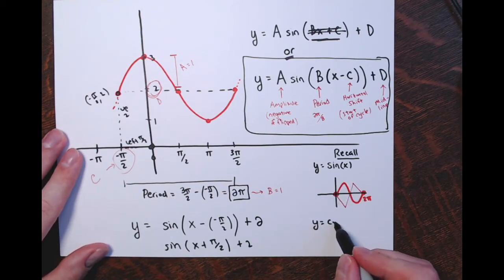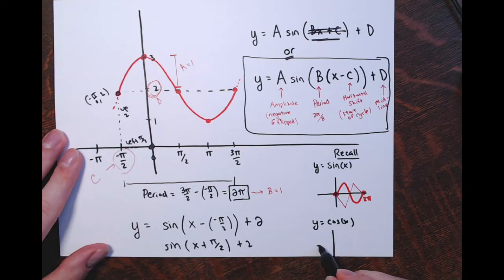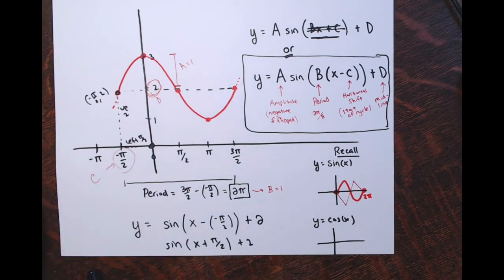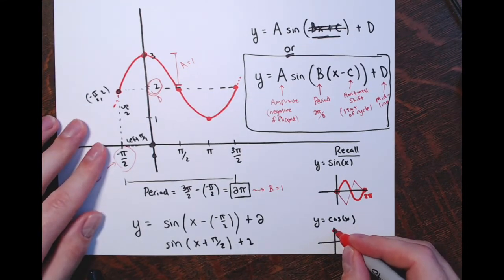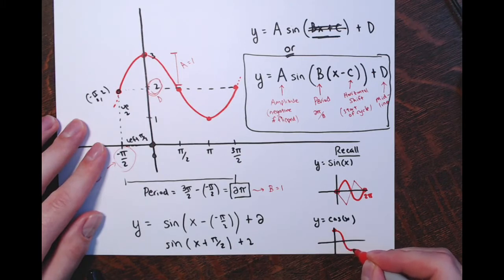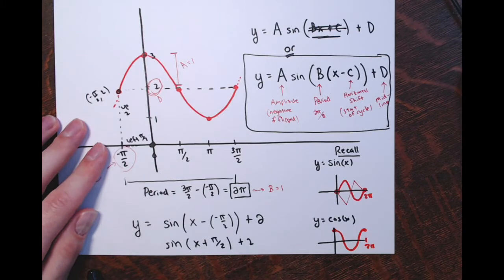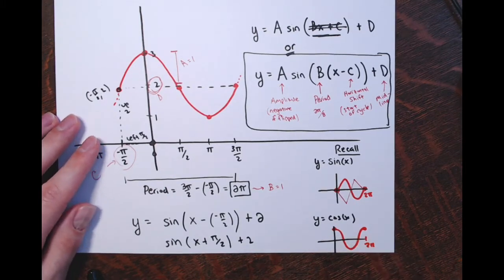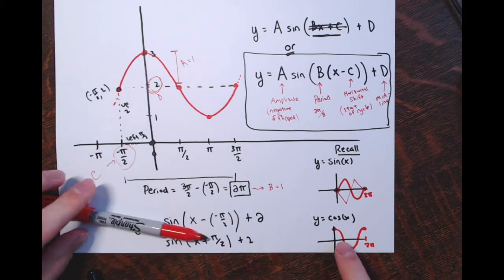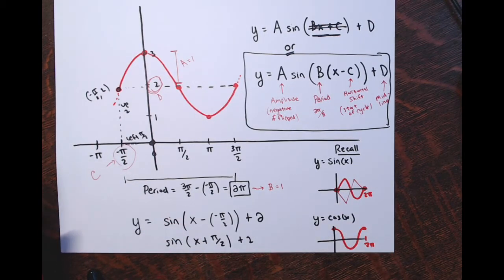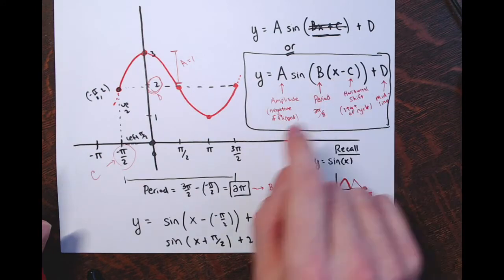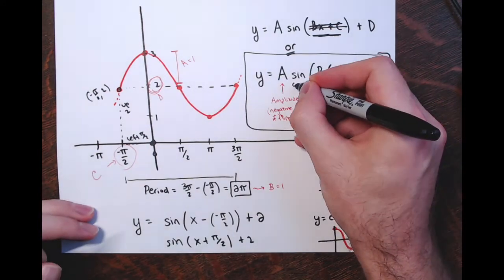Also remember what the original cosine looks like. The original cosine starts at this point 0, 1, and then goes down and then up again and ends at 2 pi, 1. Looks like that. This is one cycle of the cosine wave starting at the y-axis, starting at x equals 0. So if you remember what the original sine and original cosine look like, we'll fill in stuff like this, whether you have sine here or cosine, it doesn't matter.